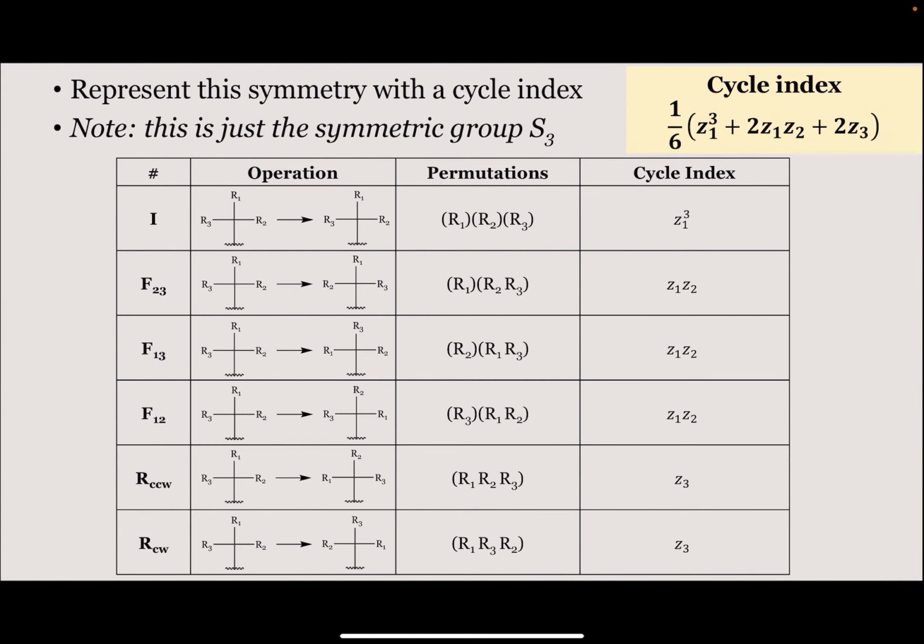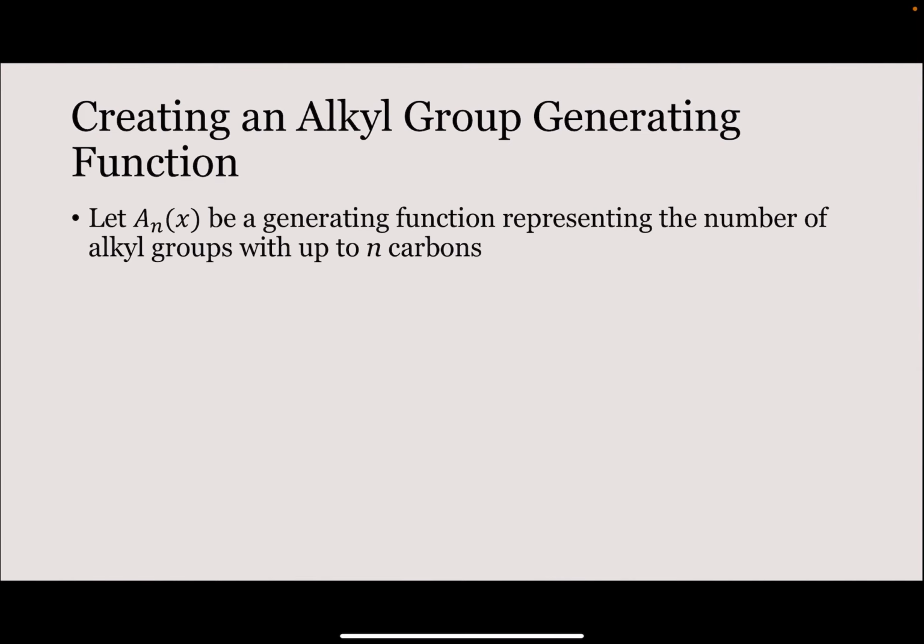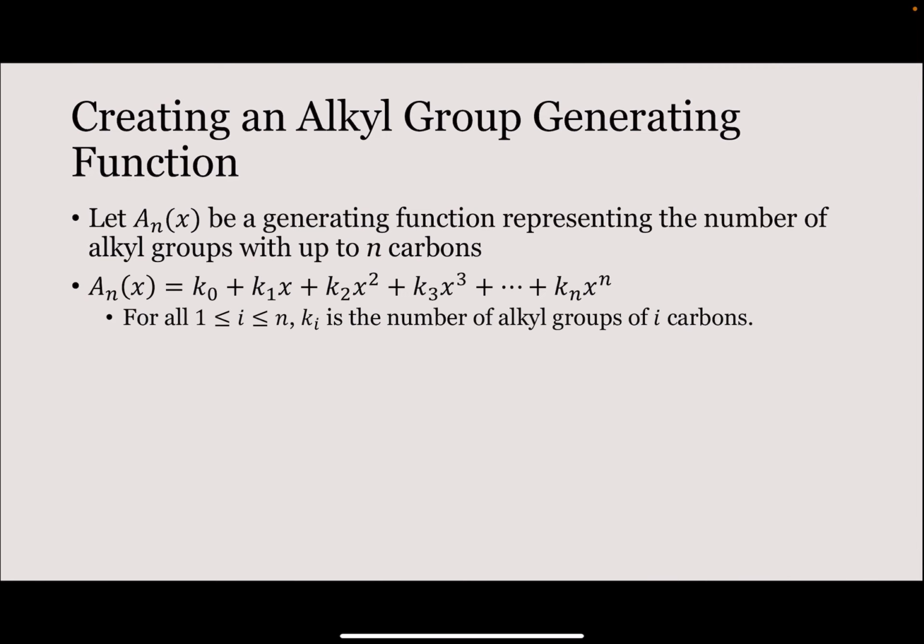So let's talk about creating first an alkyl group generating function. Not the alkane generating function right away, but the alkyl group generating function. So we're going to let a_n(x) be a generating function representing the number of alkyl groups with up to n carbons. So it will look something along the lines of this. The ith coefficient is going to represent the number of alkyl groups that have i carbons.